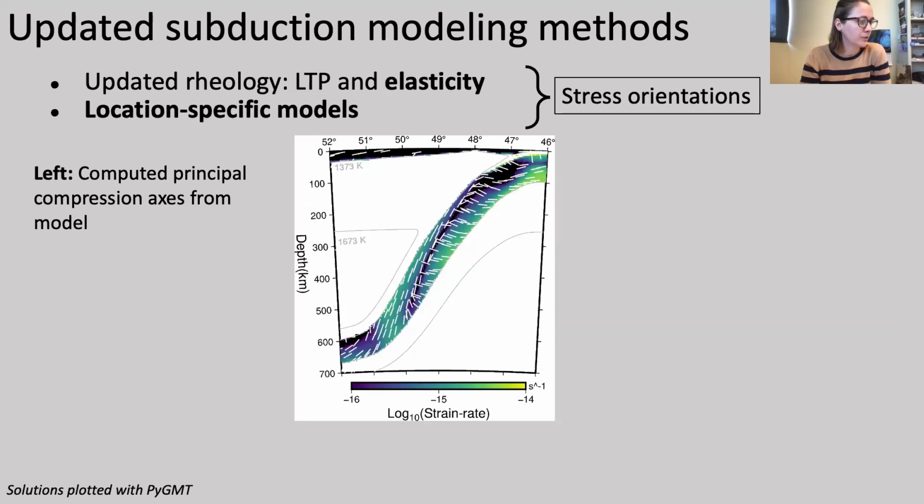Another result of incorporating elasticity and building this for the specific locations is that we can look a little more at the stress orientations and in a little more detailed context than with the not location-specific models. So shown here on the left, in just the narrower, colder part of the slab, plotted on top of the strain rate are those computed principal compression axes from the model.